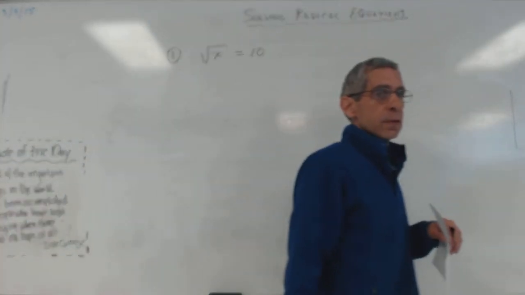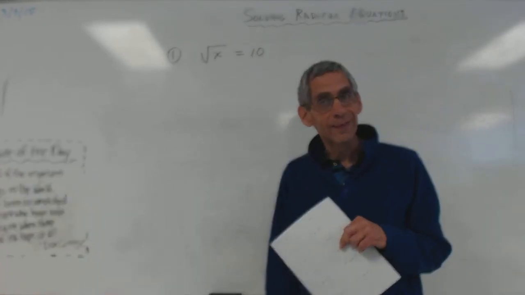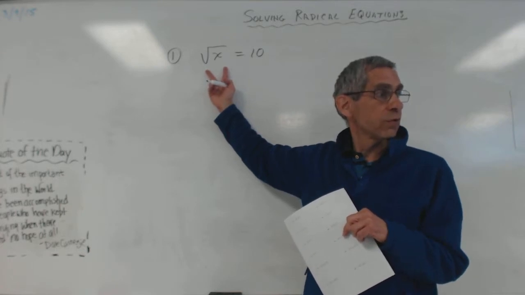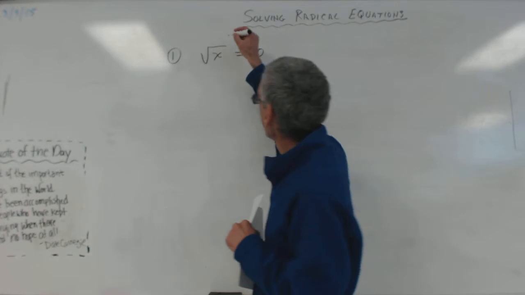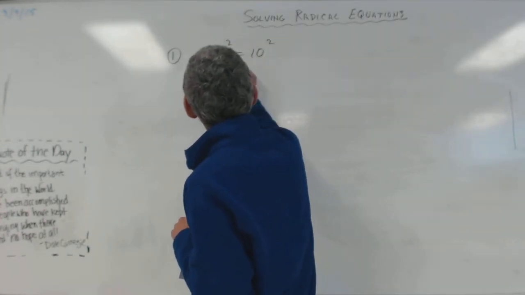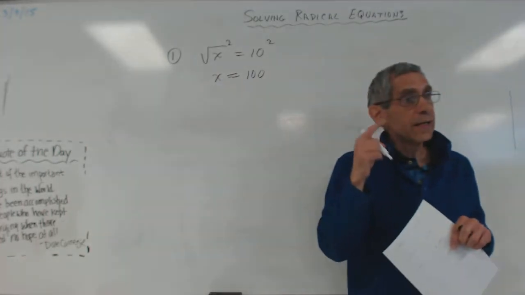So does that mean that it's 100? x is 100. Correct. So in order to get rid of a square root, we use the opposite operation, which is a square. So if I square the left side, I square the right side, suddenly x is equal to 100, right? Pretty easy.